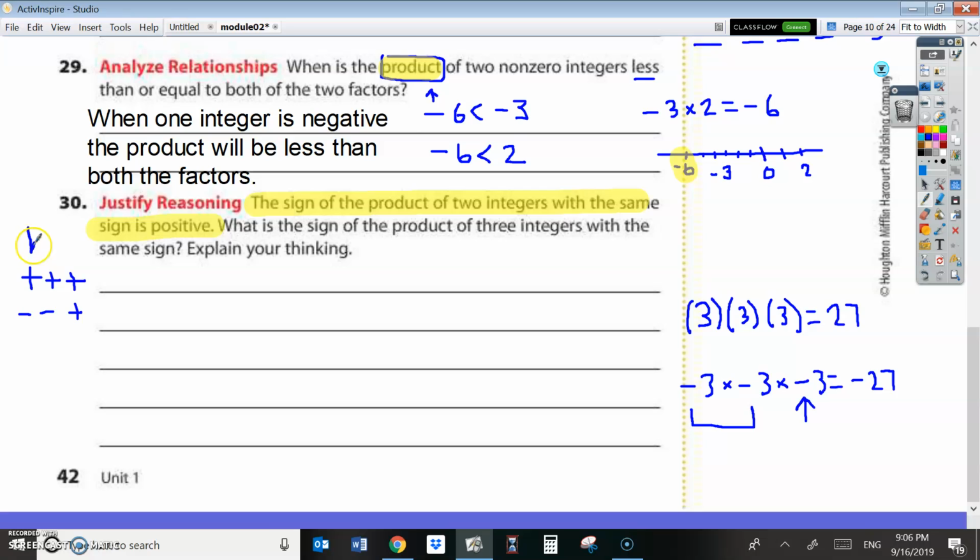These two integers have the same sign. Okay, same sign. But now, what is the sign of the product of three integers with the same sign? Well, three integers with the same sign, it could be positive, or it could be negative.